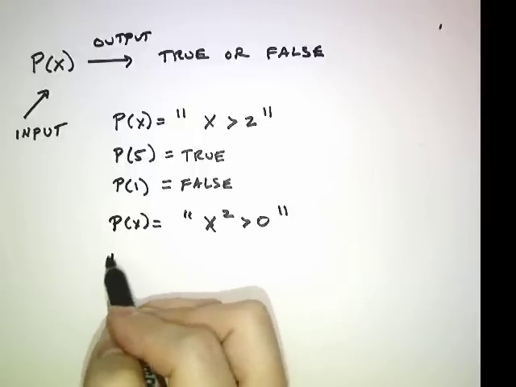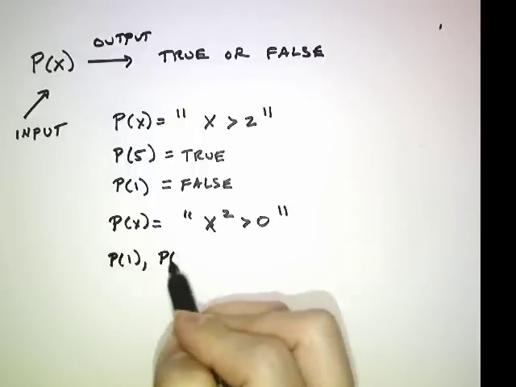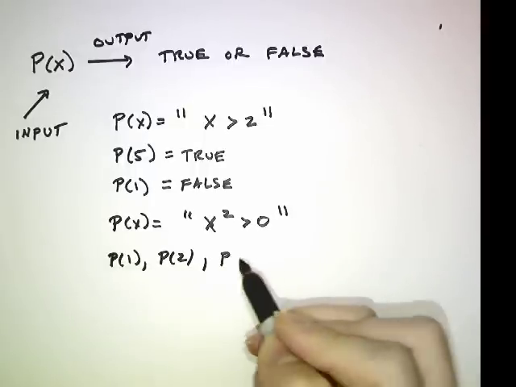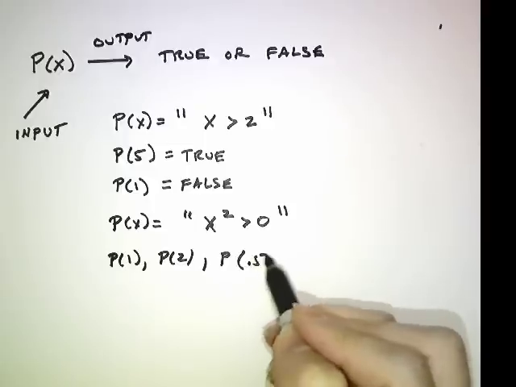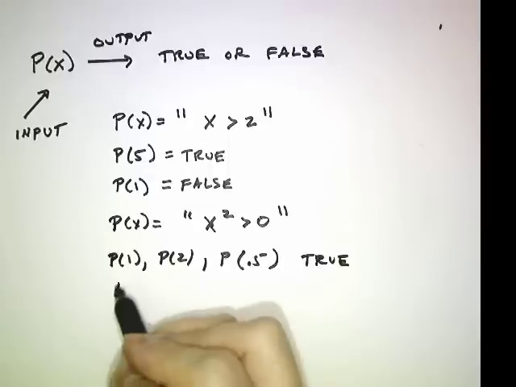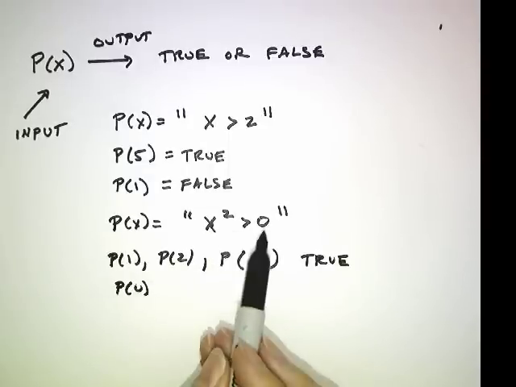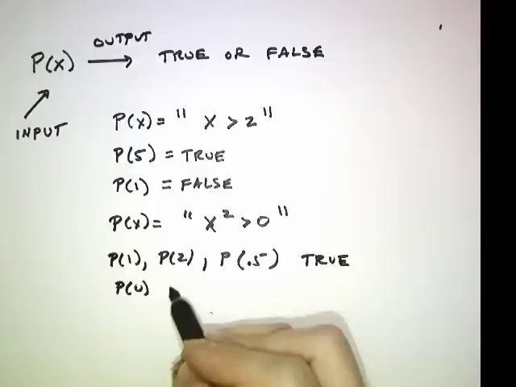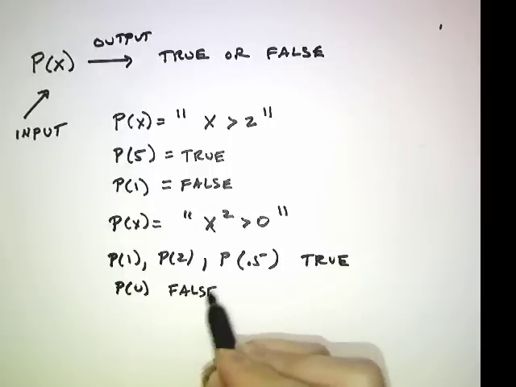Well, p of 1, p of 2, it depends on what the domain is, but p of 0.5, these are all true. What's p of 0? Is 0 squared greater than 0? No, so p of 0 is false.